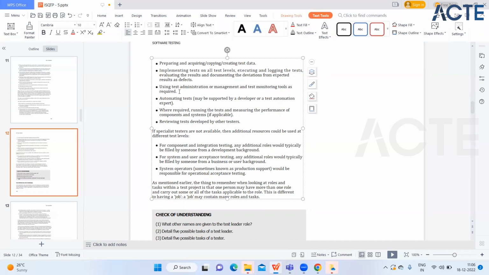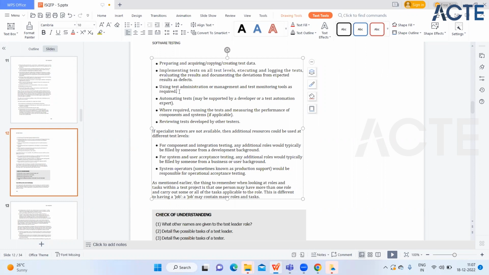See, maybe the test lead will tell you to perform the testing on this tool, but maybe at a particular time that tool is not working, so it's your responsibility as well to check and monitor whether that tool is providing the specified outcome, and whether it is working properly on our machines.